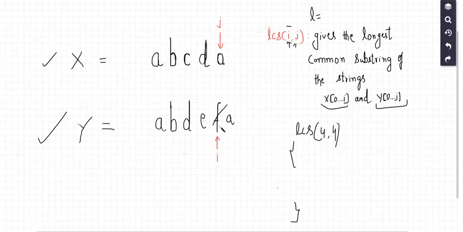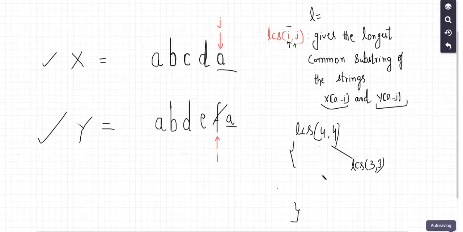In that case, how would I solve this problem? Okay, so that's why first I check if the last characters match. I call the function LCS for the previous indices, namely I move the pointers i and j to the left by 1 if the characters match.